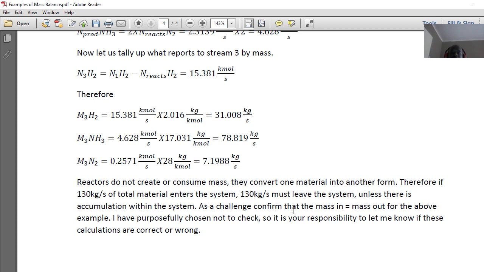You're just converting one reactant to another form of product. So I'd like you to go in and tally up everything. Add up the masses that you have, and then check that, if you add the total inert that came in, the stream coming in will be equal to the stream coming out. You do that and you'll be well on your way to understanding mass balances.